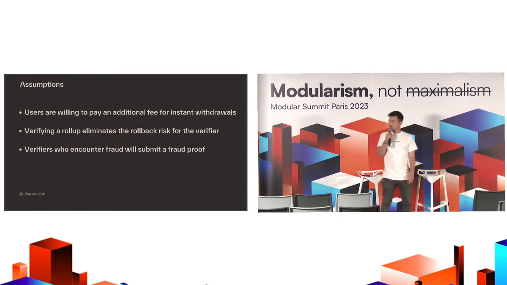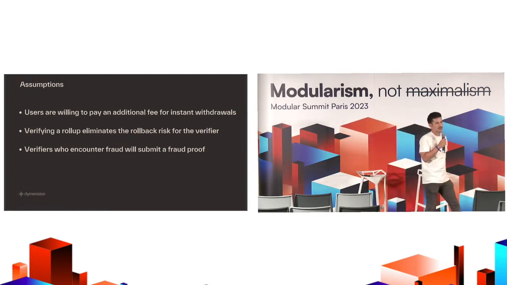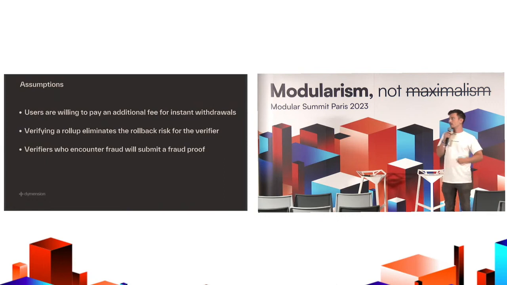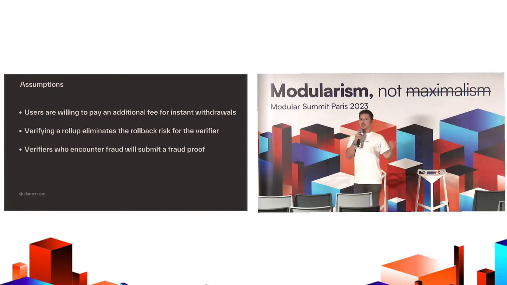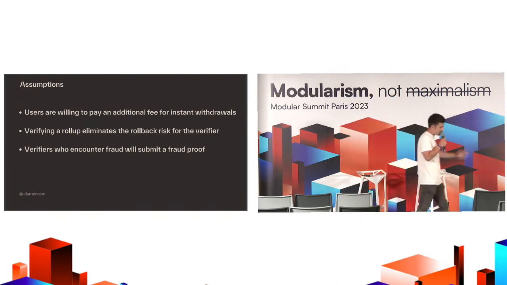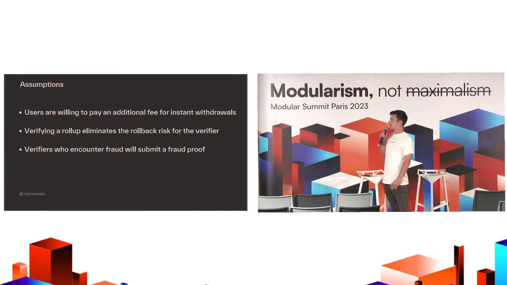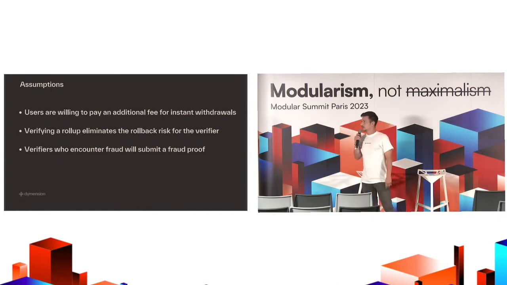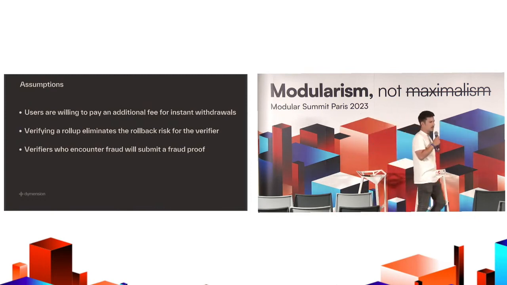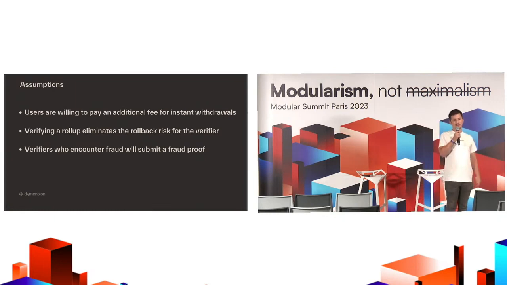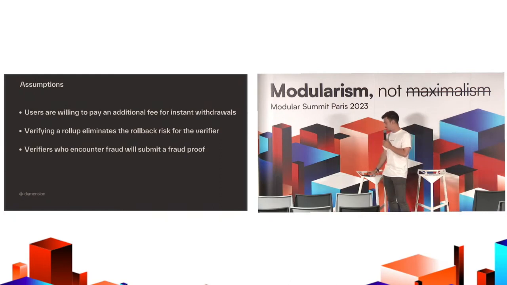The second assumption is that verifying a rollup eliminates the rollback risk for the verifier. So assuming I am suspecting something, I'm running a full node of the rollup, I have now verified the state, and I eliminated the risk of rollback. The third assumption is that verifiers who encounter fraud will submit a fraud proof. I think these are pretty feasible assumptions that we can take, and it will help us move forward with the flow of eIBC and how it works.